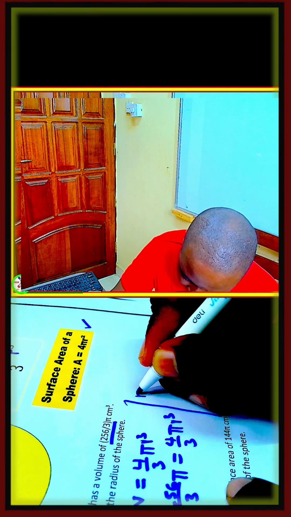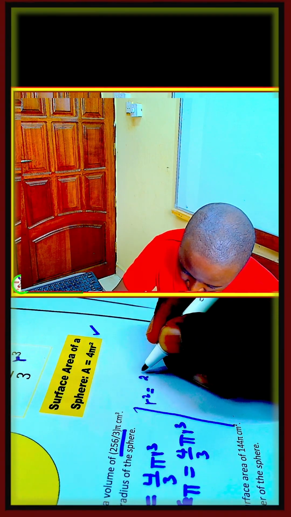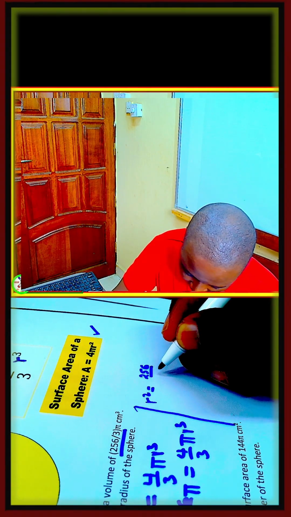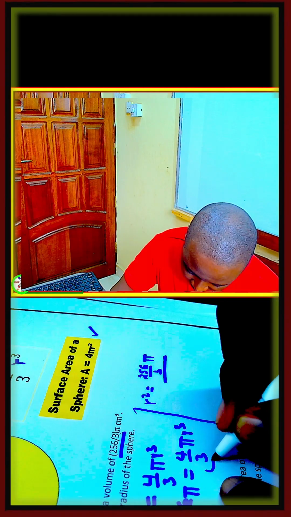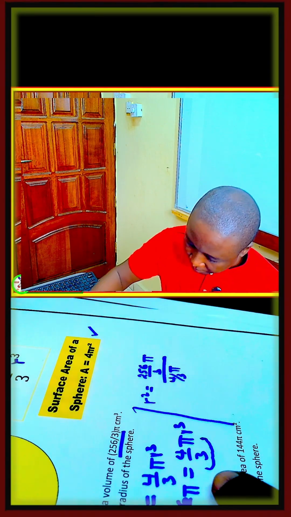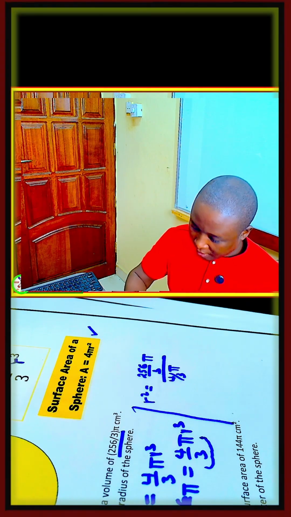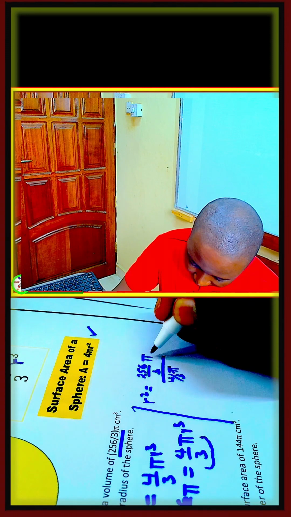So r cubed is equal to whatever we were given here, 256 over 3 pi, divided by 4 over 3 pi.